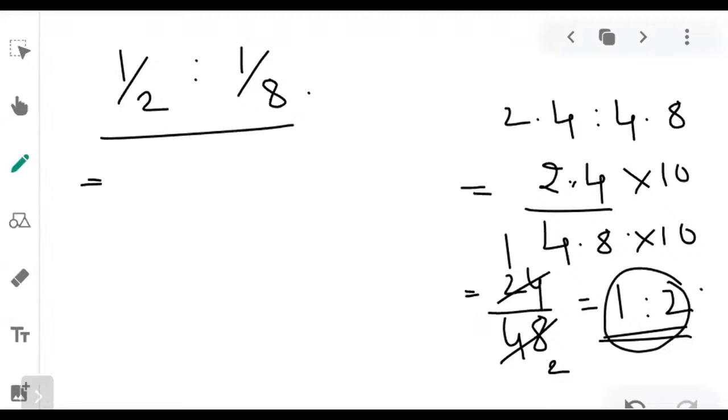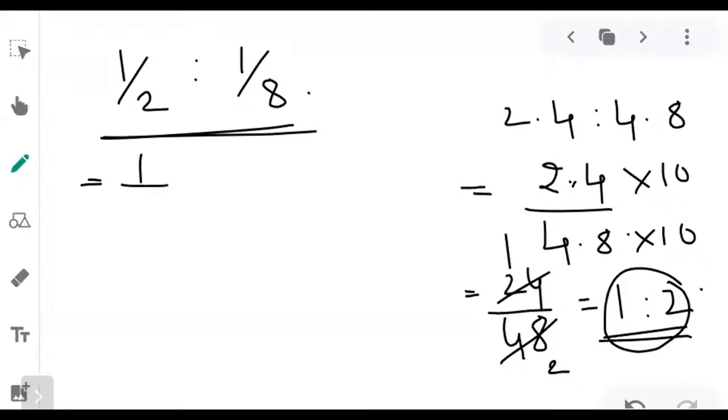So how to simplify this? All of you try to do it on your own. I'll give you 2 minutes. After that, we'll see. All right. 4 is to 1. So how do we do that? 1 by 2 by 8 by 1. The denominator we should first equalize, ma'am.